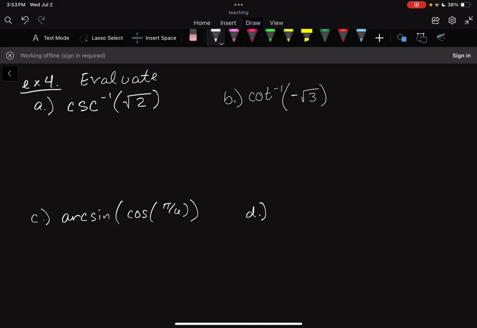Let's do cosine inverse of cosine of 5 pi over 3. Okay, we'll start with these. I do want to rewrite my little chart, so give me a second to do that.